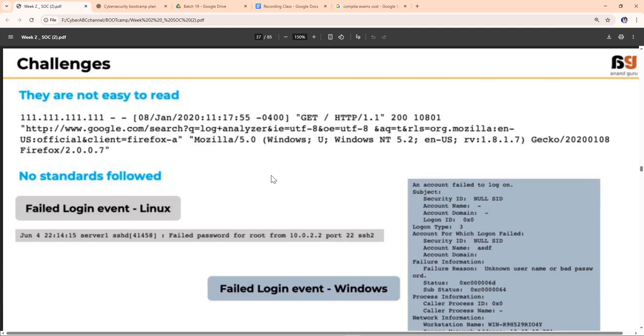Then HTTP to google.com, question Q equals log plus analyzer, and IE equals UTF transfer dash to 8 and OE.